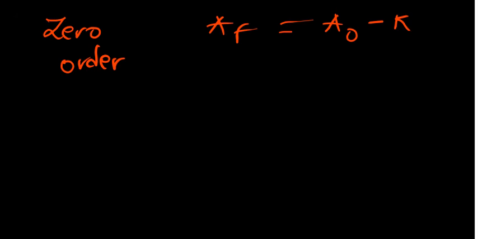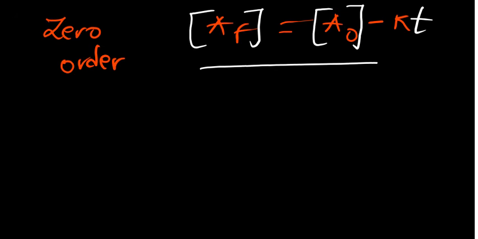We use the square brackets to show concentration. So this equation works for the zero order reaction, where [A] final is your final concentration of the reactant, then you have the initial one, subtract the constant k multiplied by the time t.